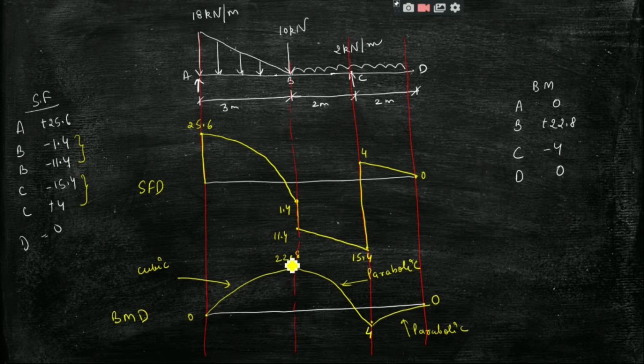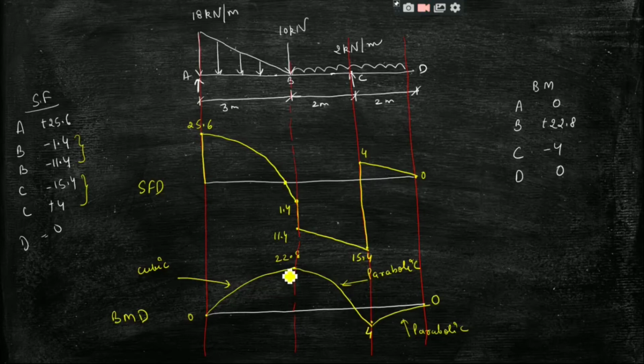But still, the problem here is that we don't know where the maximum bending moment will be. We have not determined the value of maximum bending moment, right? So we know from previous concepts that bending moment will be maximum where shear force is 0 or where shear force changes sign. If you look at the shear force diagram, you can see this is the point where the shear force is 0.